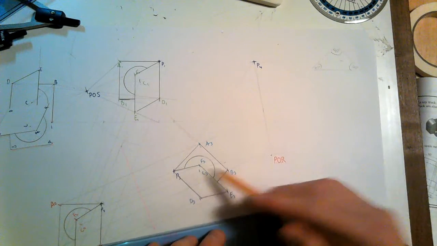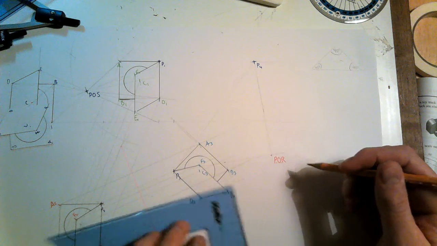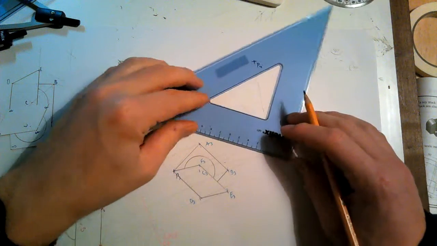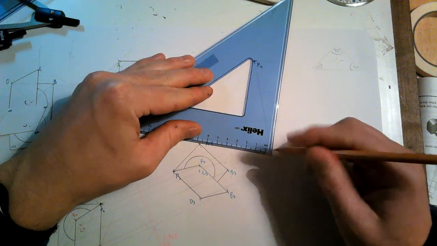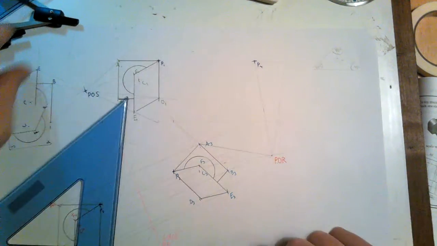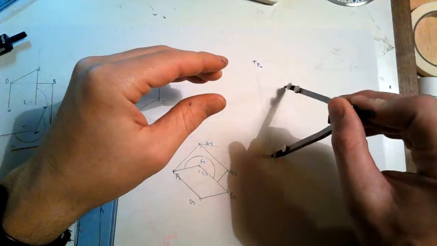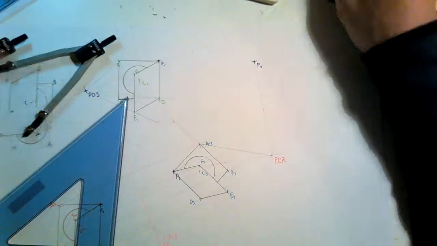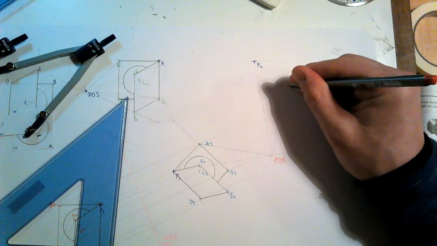So we have P brought up already. Okay, so let's bring up A. Bring up A. Distance. A3 is now A4.